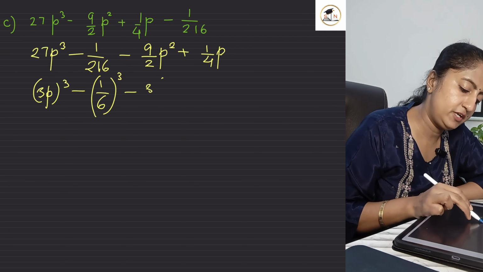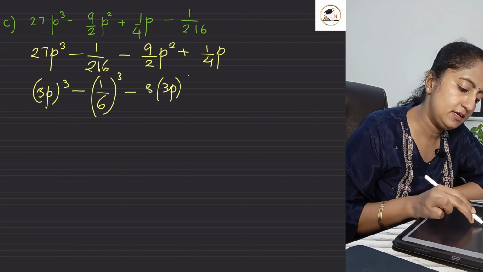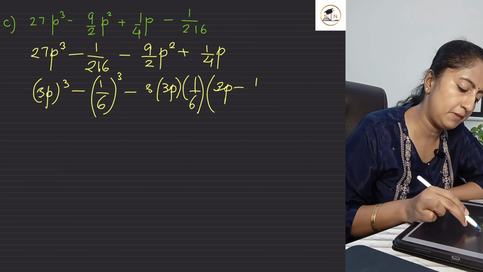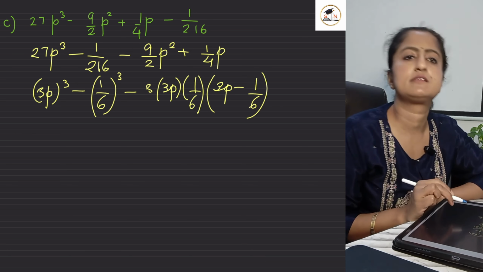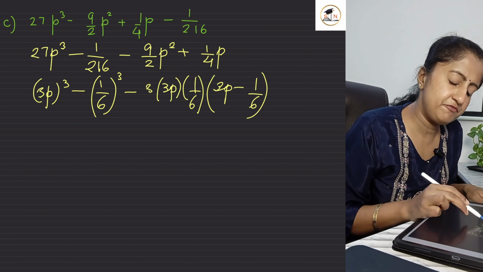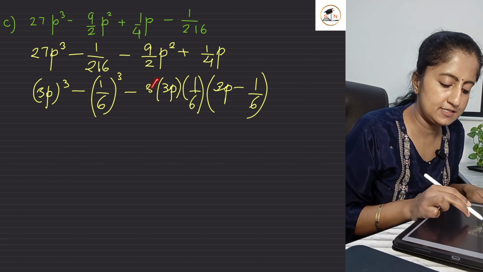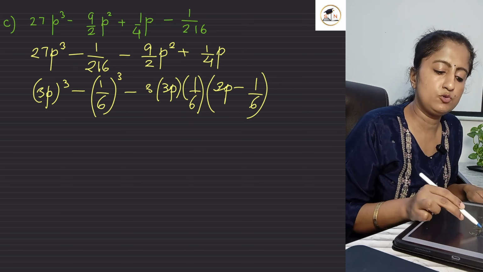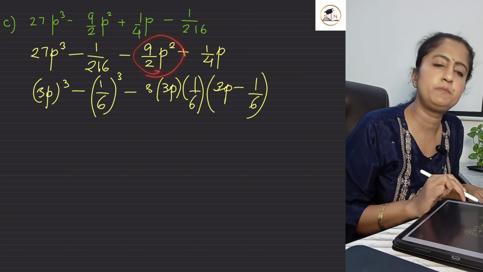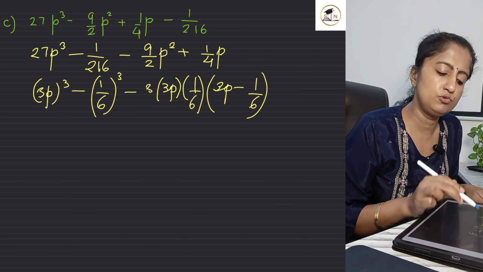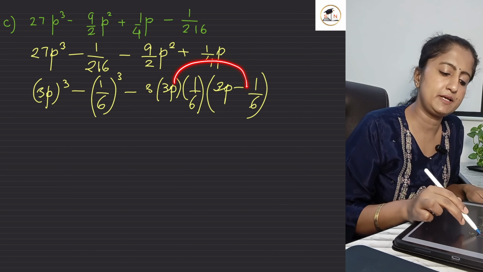Then 3 times 3p times 1 by 6, in bracket, we will have 3p minus 1 by 6. Okay, so we need to verify. While verification, we can consider this as 2. So we get 3p by 2 into 3p, 9 by 2p square. And then we had again 3p by 2, so 3p by 2 minus 1 by 6.